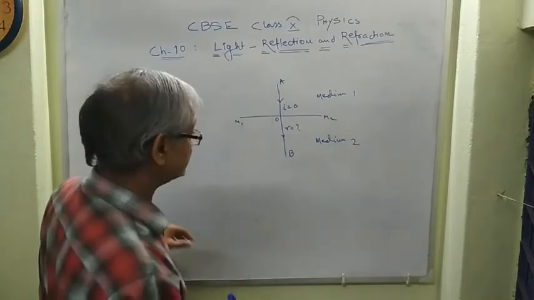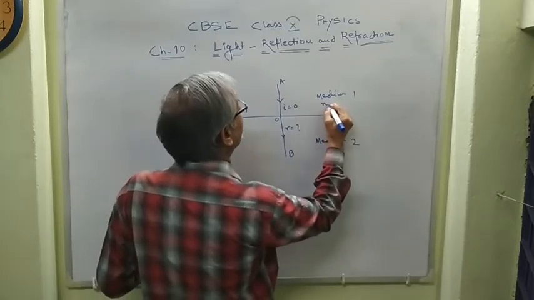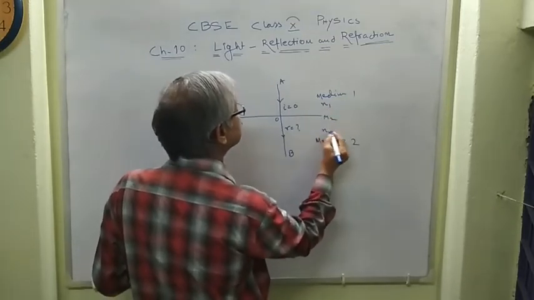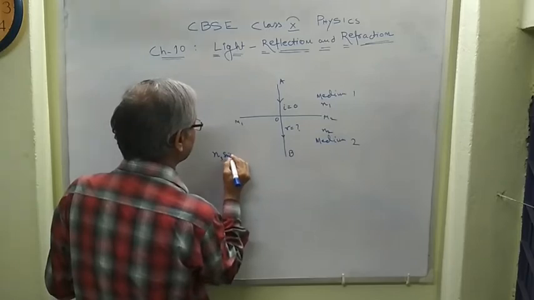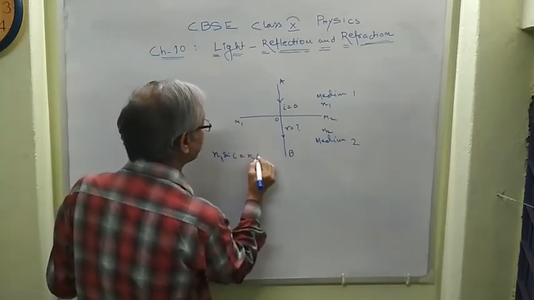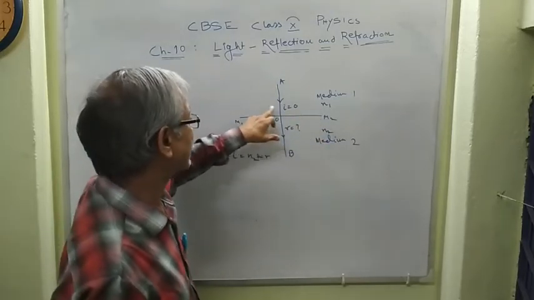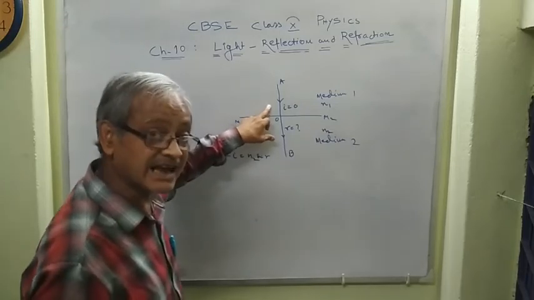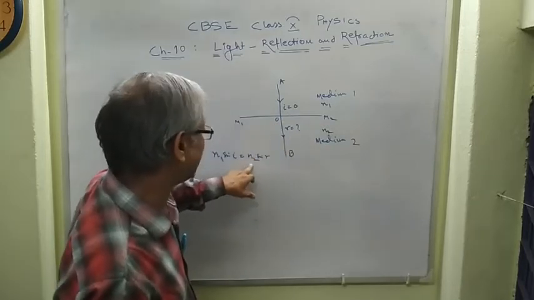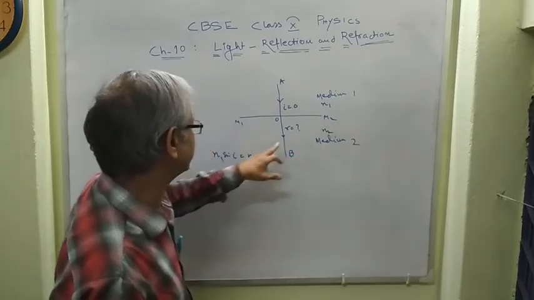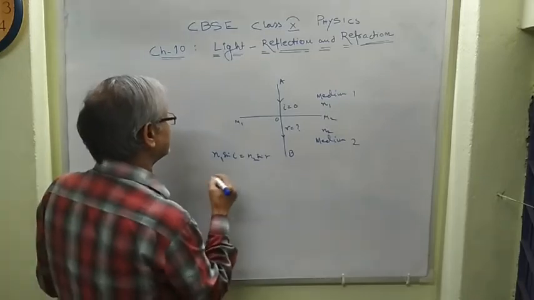From Snell's law, that is the second law of refraction of light, with N1 and N2 as refractive indices, N1 sine I equal to N2 sine R. That is, the refractive index of the first medium multiplied by the sine of angle of incidence in the first medium is equal to the refractive index of the second medium multiplied by the sine of angle of refraction in the second medium, right?